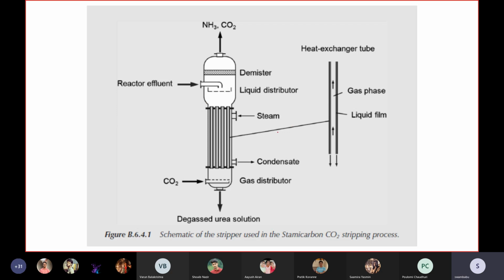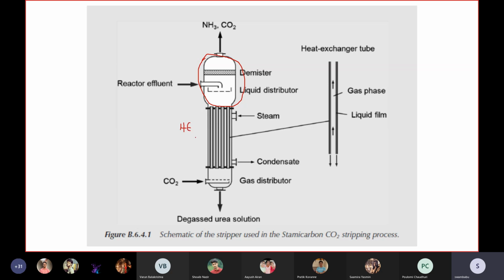In modern industries, they use this type of reactor followed by a stripping section. So here is the reactor, and a typical heat exchanger type stripping section will be used.